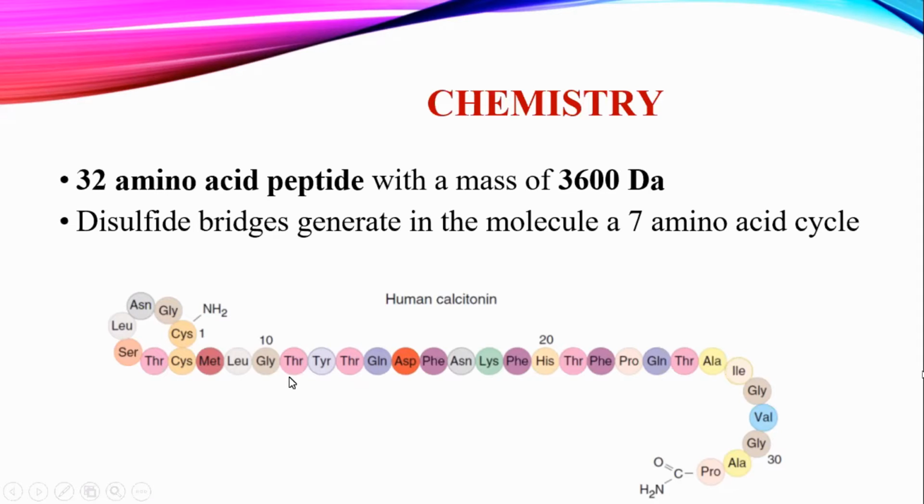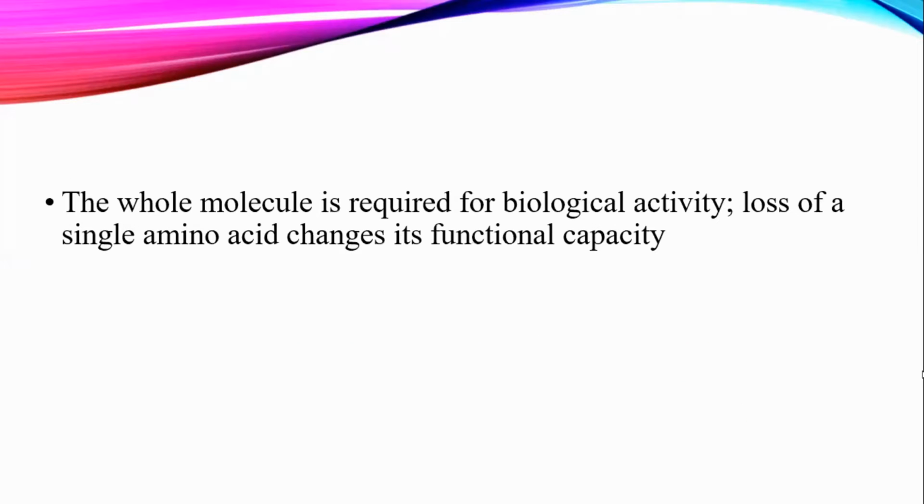Among the 32 amino acids, threonine is the most predominant in this polypeptide. For the biological activity of this hormone, all the amino acids are necessary. Even a change in a single amino acid causes it to lose its functional capacity.